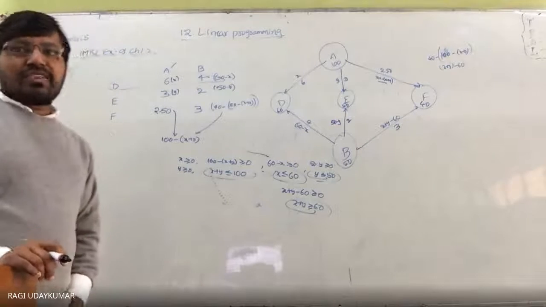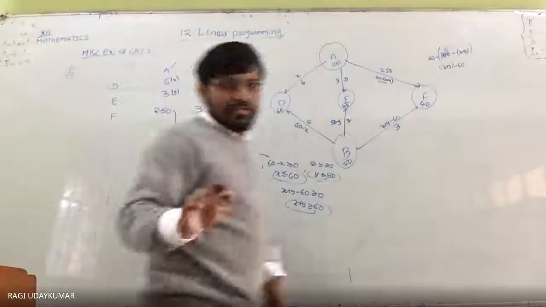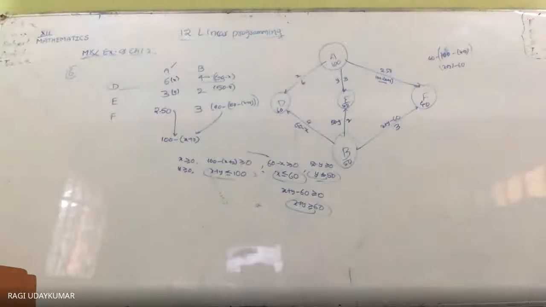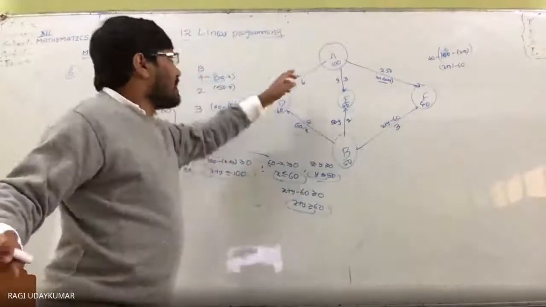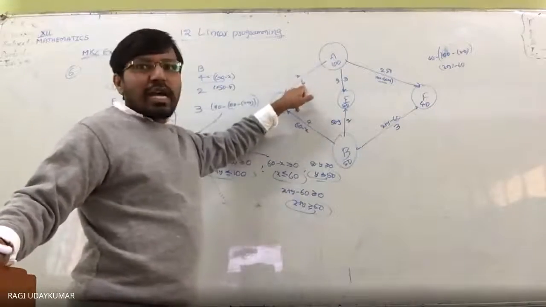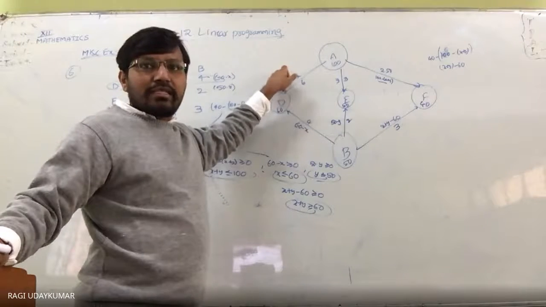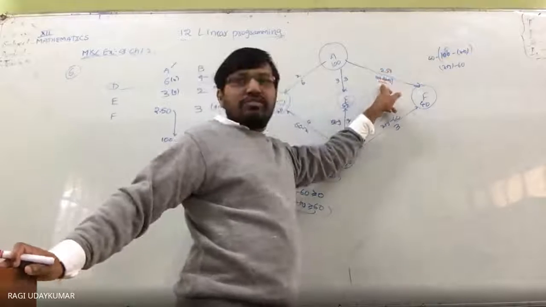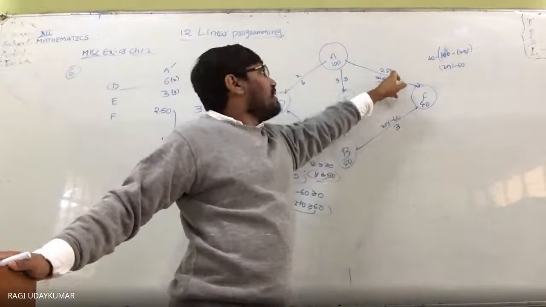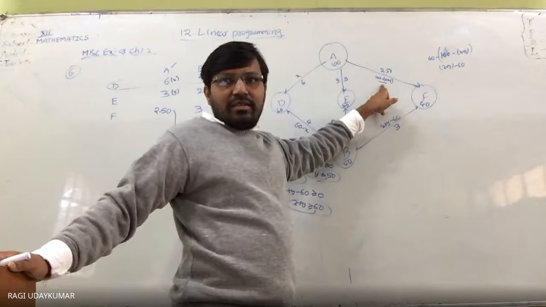And total cost of the transportation. Total cost बोले तो इधर से इधर x क्विंटल आ रहे, each cost 6 into x, 3 into y, and 2.5 into 100 minus x plus y.